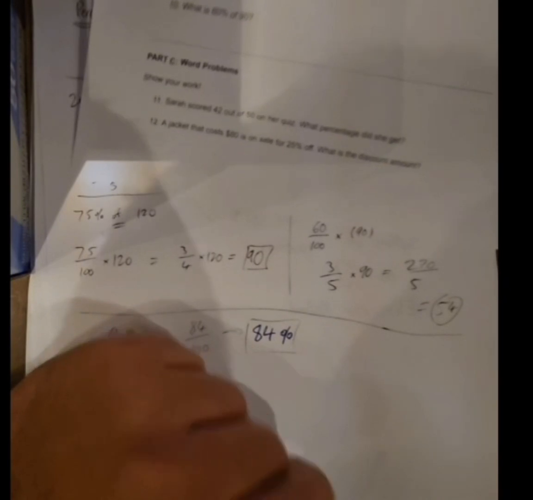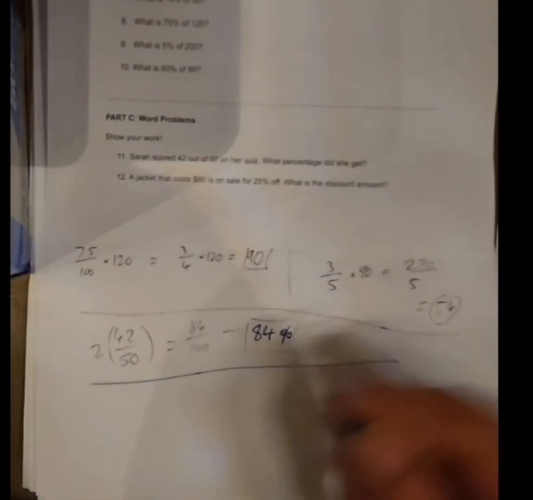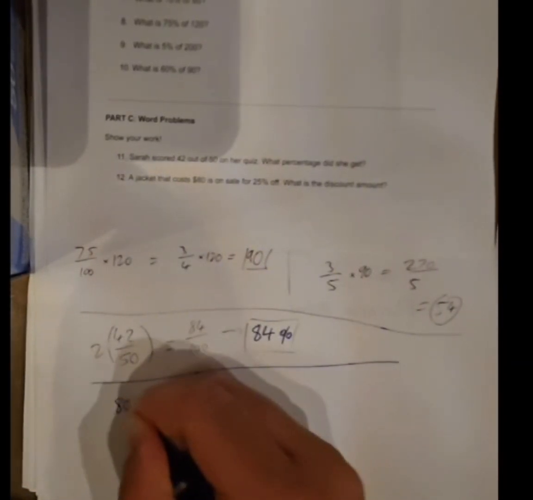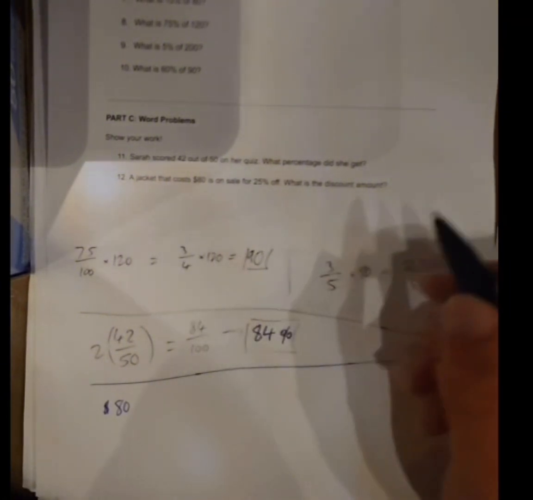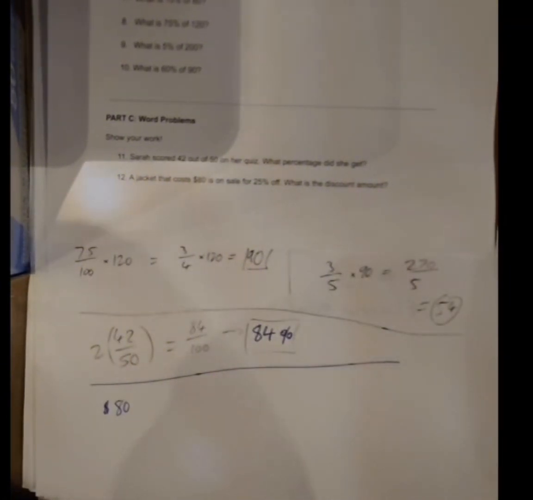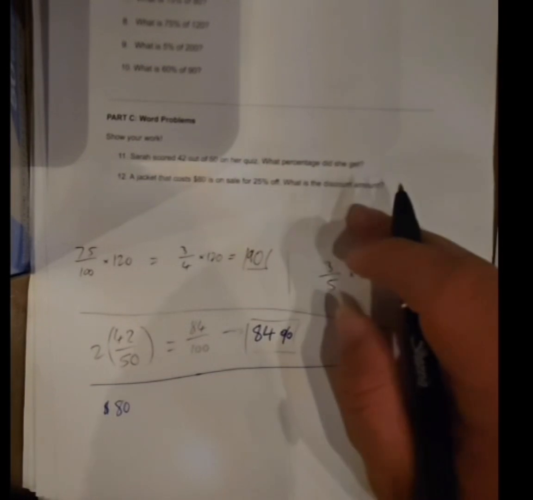Another one. A jacket that costs $80 is on sale for 25% off. What is the discount amount? So these kinds of problems with costs can be a bit tricky. A jacket costs $80. So $80. And it's on sale for 25% off. Now, it's not asking how much the jacket is going for now. It's asking what is the discount amount.